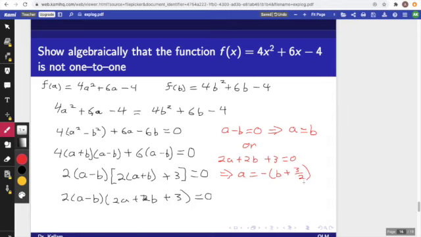And there we are. Two different possible answers for a, so this is not one-to-one.